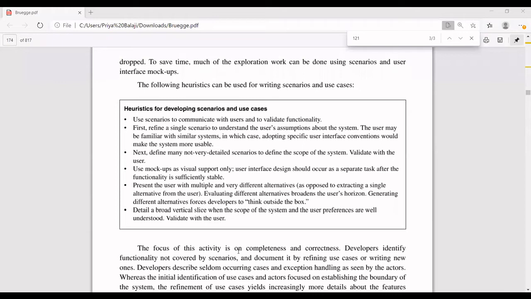For example, as I told you, a few users may not know how to type the messages. So what is the other scenario? I have to use my vocal information. I have to tell it in my voice, and that voice has to be automatically converted into the form of typed messages, and that can be forwarded. Okay, this is one of the scenarios.